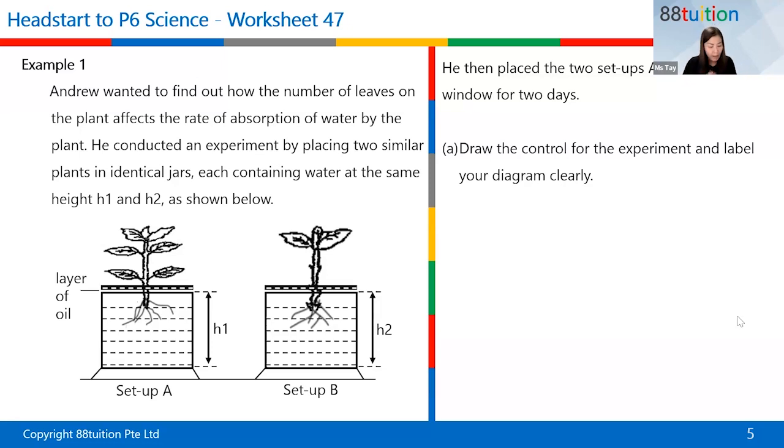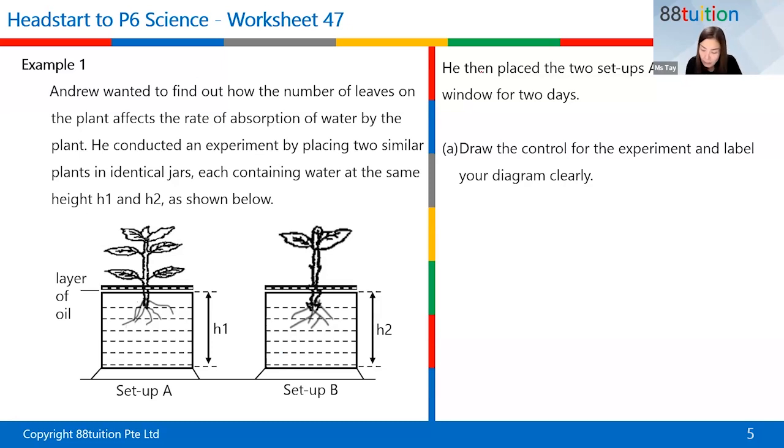All right. Andrew wanted to find out how the number of leaves on the plant affects the rate of absorption of water by the plant. So he conducted an experiment by placing 2 similar plants in identical jars. So you have 2 set up here. The jars are identical. They have the same amount of water.